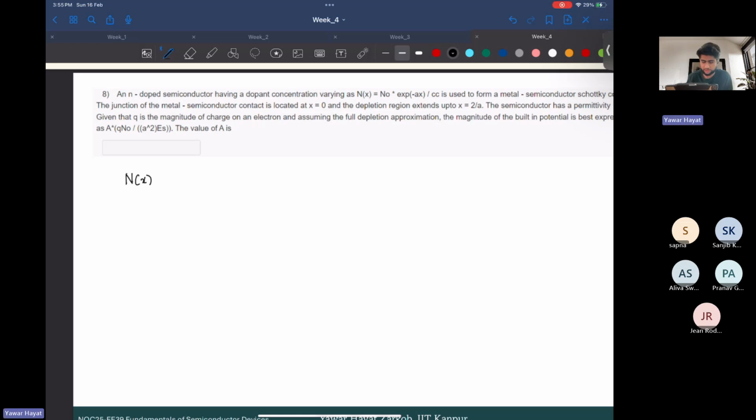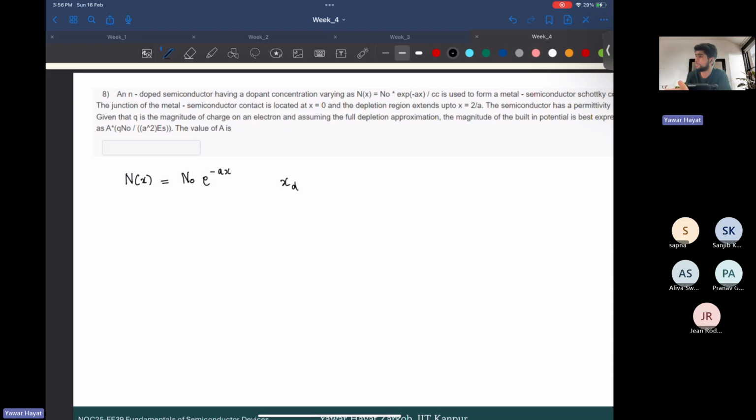It varies as n of x equals n0 exponential of minus ax, right? So your n-doped semiconductor has a dopant concentration that varies as this, and it's used to form a metal semiconductor Schottky contact. Your junction of the metal semiconductor contact is located at x equal to 0. Fine. And your depletion region extends up to x equal to 2 by a in the semiconductor.